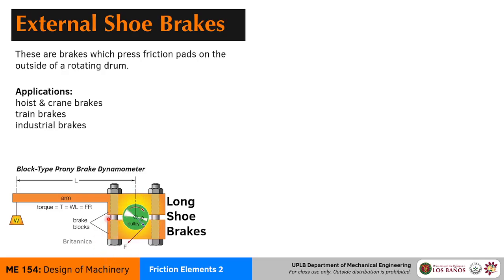So yeah. Now there are several applications to external shoe brakes. You can use this for hoists and cranes, for train brakes, and also for other industrial applications. What I'm showing now is just another form of dynamometer. This is a Prony brake dynamometer.